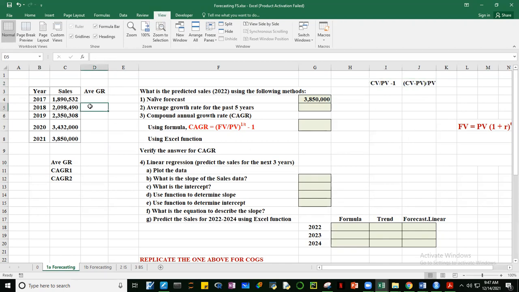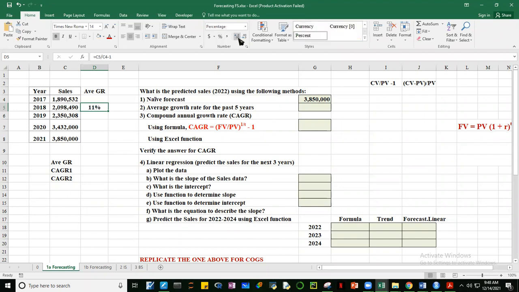Applying it here, our growth rate for 2017 and 2018 is the current value divided by the previous value and minus 1. So it's very easy to manipulate that formula. Let me just make this percent and 2 decimal places.